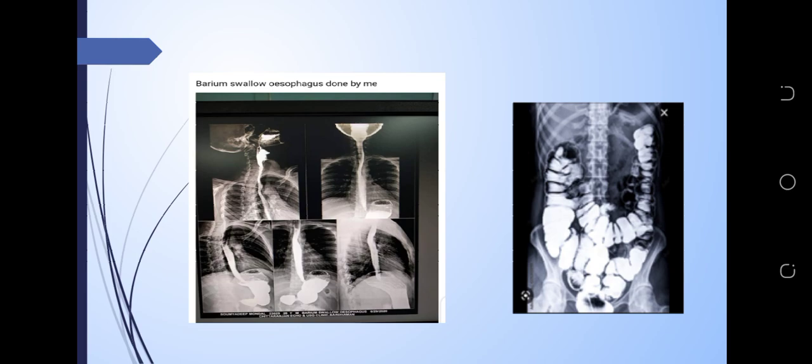These are just two X-rays showing us how barium will coat the walls of the GI tract organs. The first image shows us barium coating the upper GI series, and the second image shows us barium coating the lower GI series.